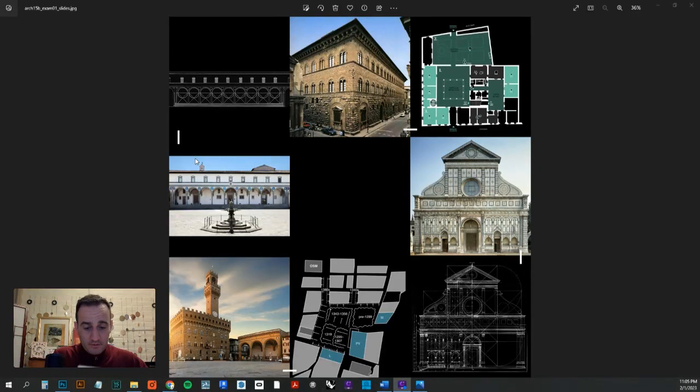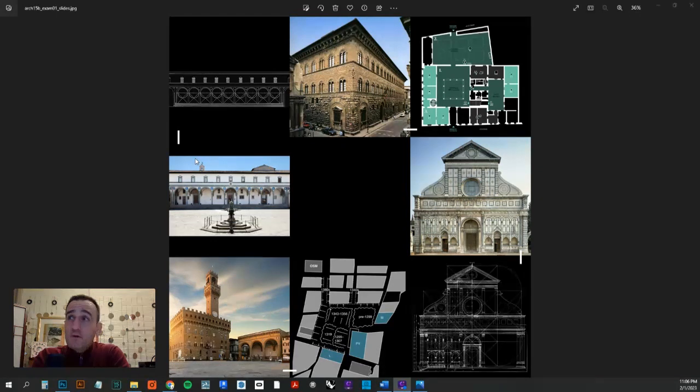Let me give you the right term. The roundels, the roundels are the blue elements. We talked about it in a lecture as to what they represent as well. So you might make reference to that if you're describing the front portico and the columns.